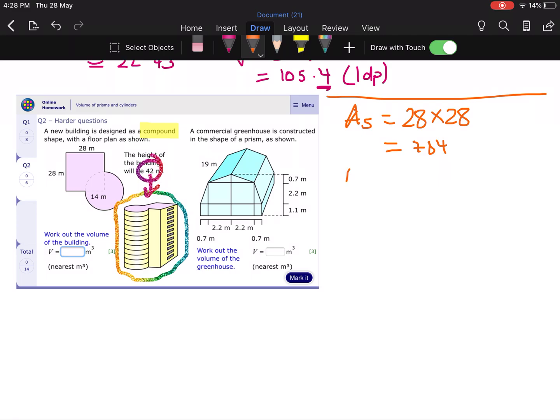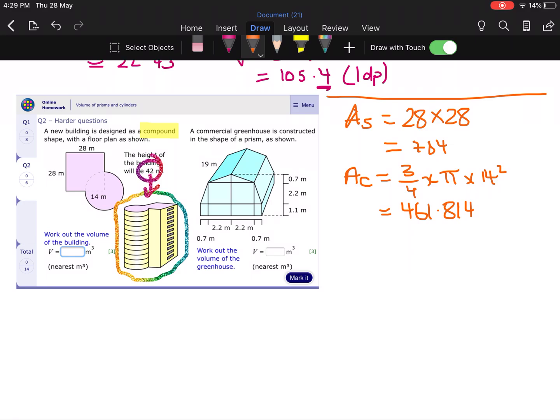Now for the circle, if I know that that's 3/4, I'm just going to do 3/4 times the area of the full circle. So 3/4 times pi times the radius 14 squared. And that gives us 461.814.